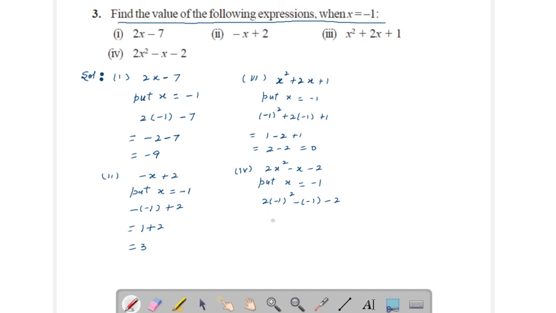Open the bracket. So minus 1 square is 1. 1 into 2 is 2. 2 minus minus plus, it will be plus 1 minus 2. Here 2 plus 1, 3. 3 minus 2, it is 1. This is your answer.